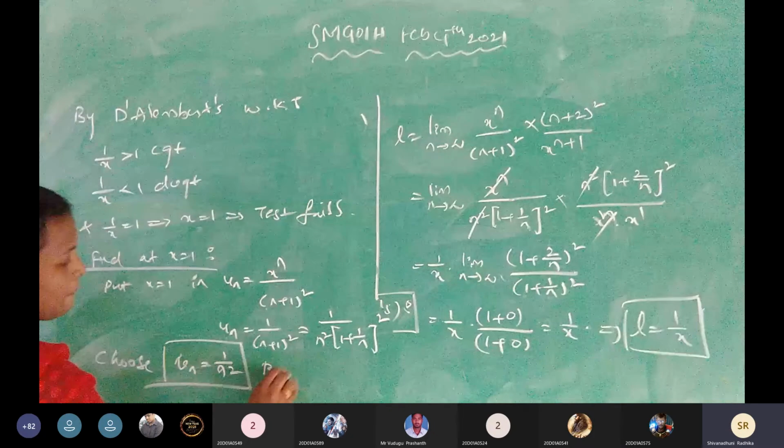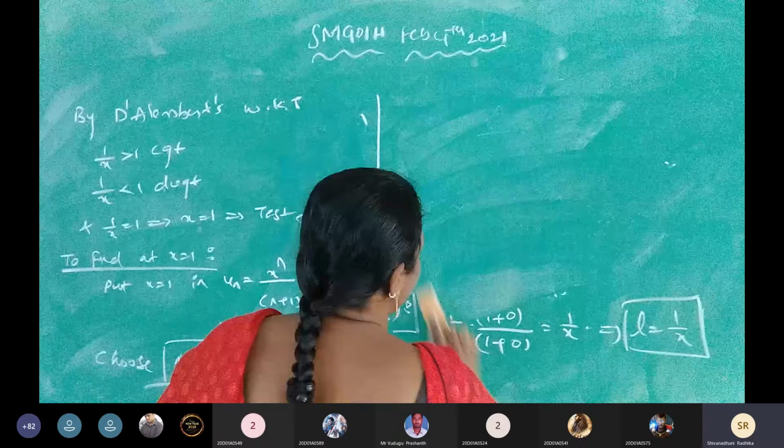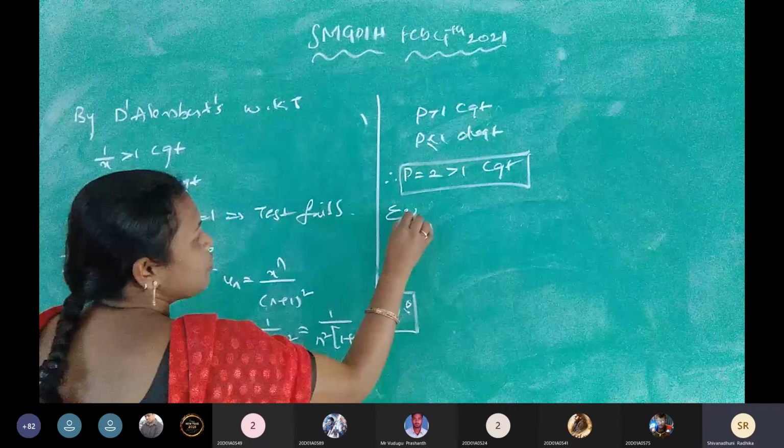By using the p series, I am going to rub that part. By p series, p greater than 1 convergent, p less than or equal to 1 divergent. Therefore, p equals 2 greater than 1, convergent. Clear. Now, summation vn is convergent. Obviously, summation un is also convergent.